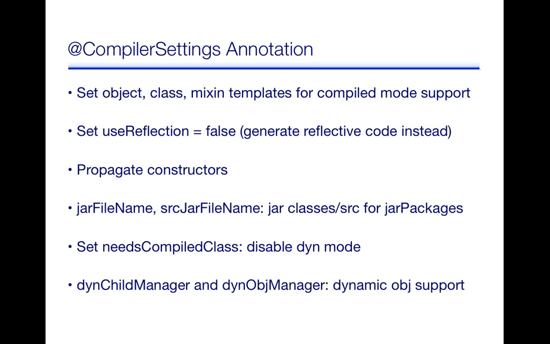You can package up both source and class files into jars automatically. And if necessary, you can disable the use of dynamic mode for a given class or any subclasses. And you register the child manager and object manager to manage children for dynamic objects.